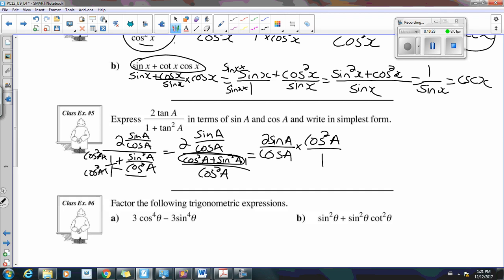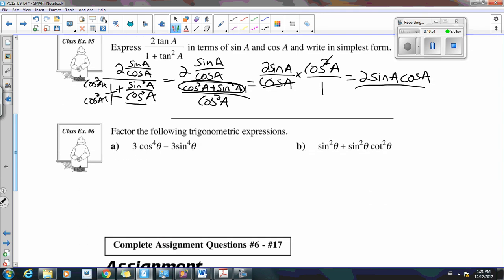So now this cos A cancels out with one of the cos A's I have on top. So I can write it like this. Now there is an identity on your formula sheet. You could actually write this as sine of 2A. That would be fine too. This is how they happen to leave it here.